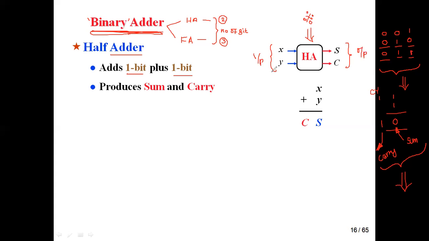At the time of adding, this combinational circuit, called a half adder, produces either a sum as output or a carry as output. If the carry bit is set, sum and carry will be produced. The same thing is given here. So if I'm going to add two bits, I explained this initially.